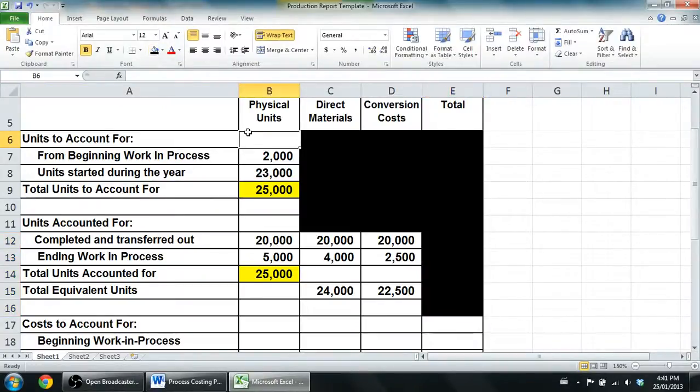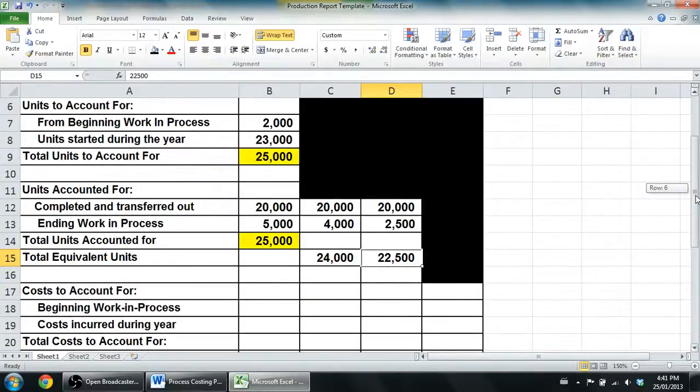We're done the first half of the problem. We've only kind of filled in 1, 2, 3, 4, 5, 6, 12 cells. Not a lot of calculations and not a lot of work. You just have to know what to put where. But we're halfway home. So I've done the equivalent of 24,000 units worth of work in terms of materials and 22,500 units worth of work in terms of conversion. Some questions will split up labor and overhead if they feel there's a difference there as well. But often labor and overhead just get lumped together here.